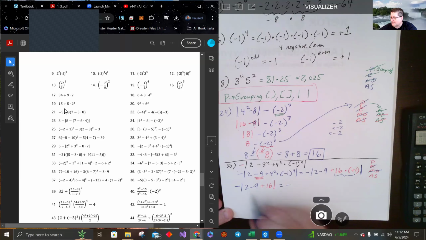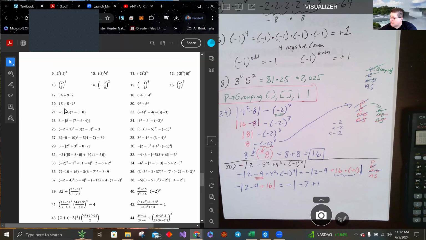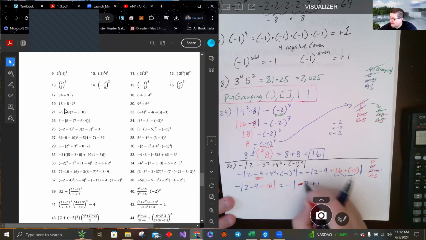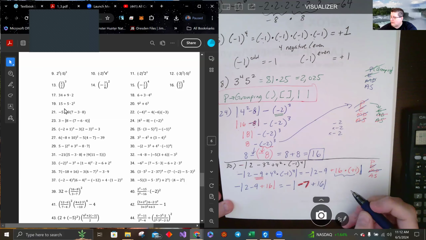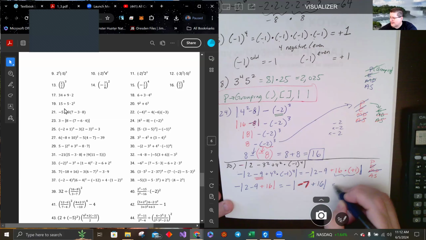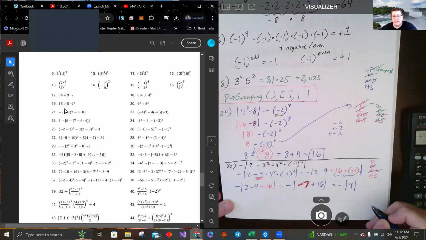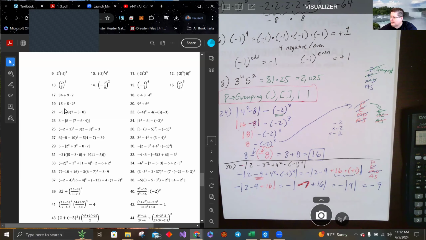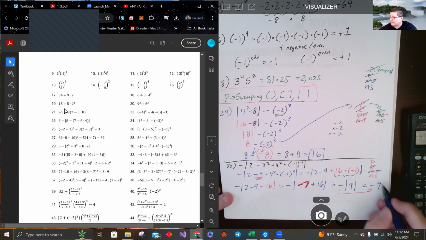Here, subtraction is coming first. 2 minus 9 is negative 7. Put it in red. And then finally, negative 7 plus 16 is 9. We drop the absolute value signs, but the negative sign is there. So it still stays. The answer is negative 9.